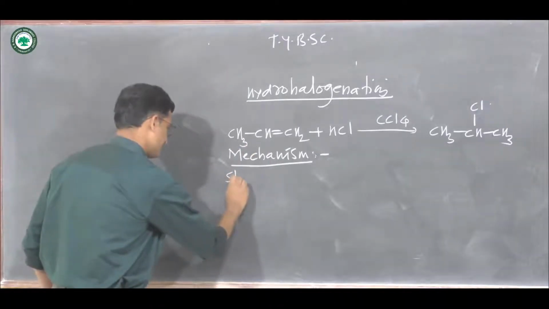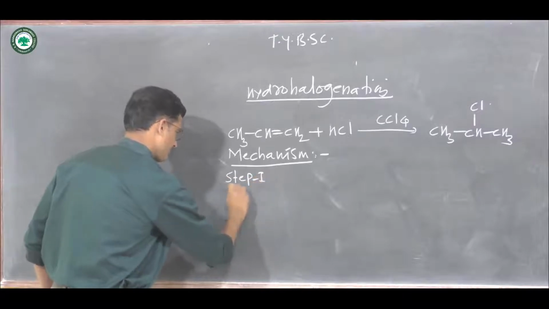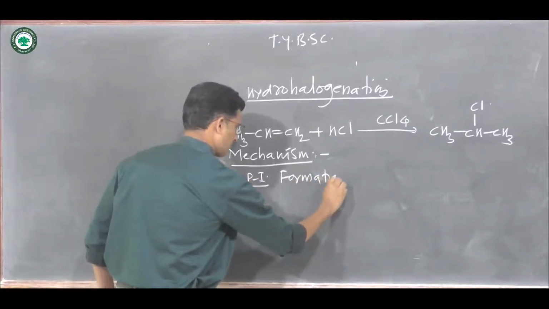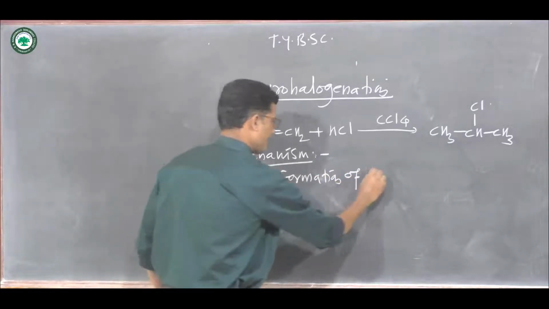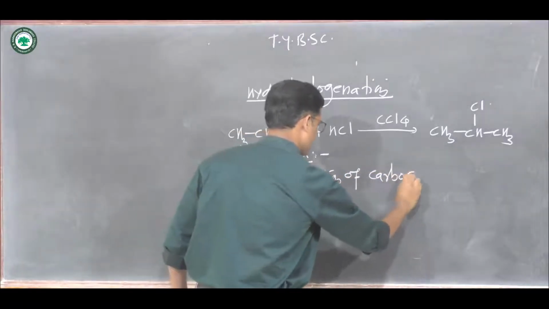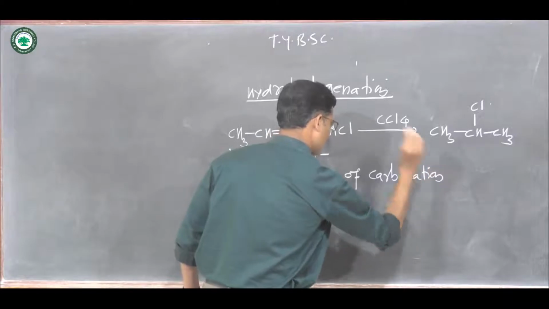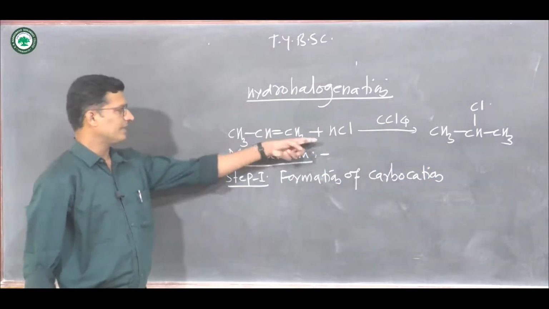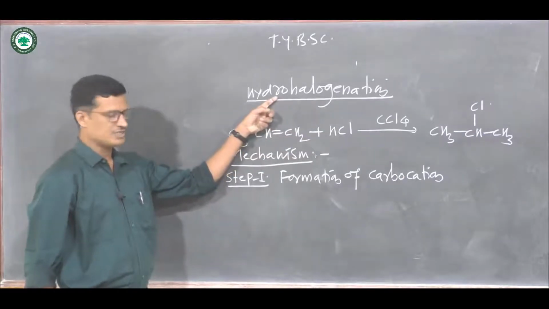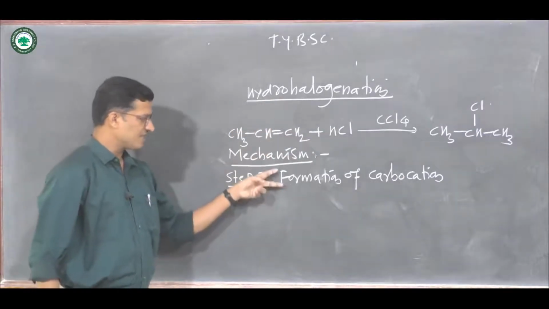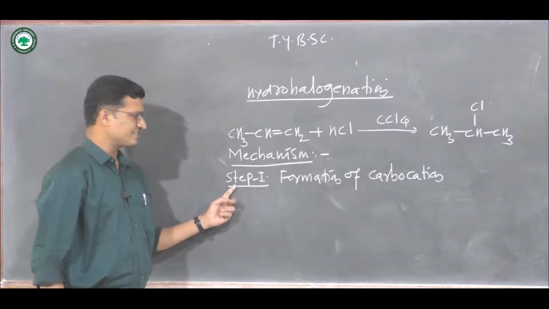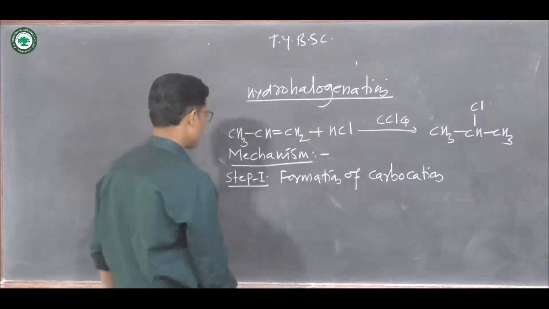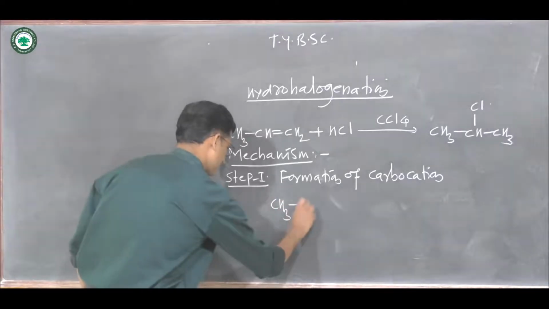Step one is the formation of carbocation. In the addition of HCl, or hydrohalogenation, these reactions have two steps. The first step is the formation of carbocation. So how does the carbocation formation take place?